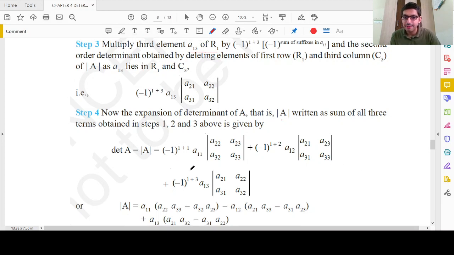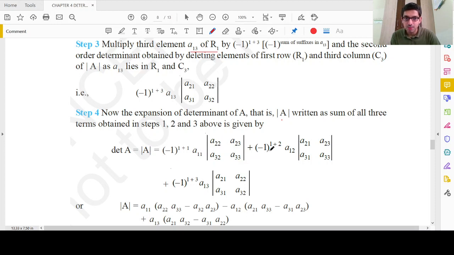So to expand a determinant of order 3 by 3 along the first row, the determinant of A is equal to minus 1 to the power 1 plus 1, because A11 is first row and first column, the sum of the suffixes. Then the determinant obtained by deleting first row and first column.